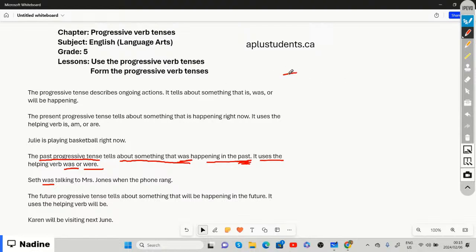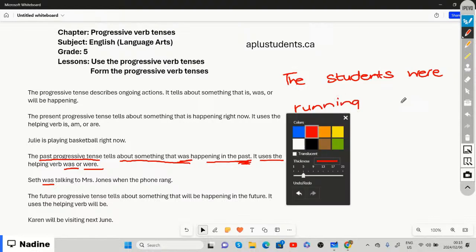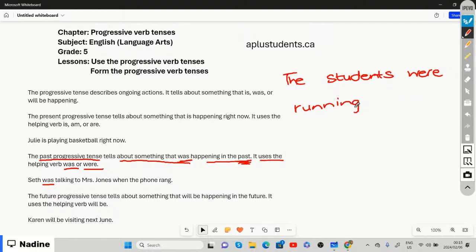Then we can maybe say the students were running on the field, right?